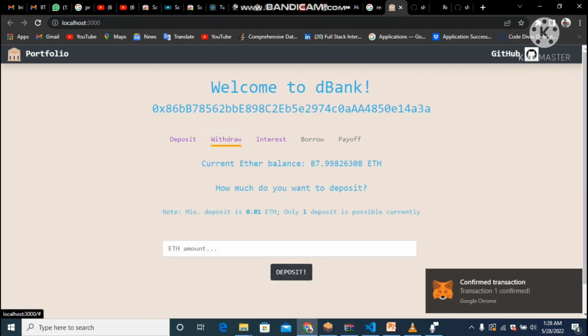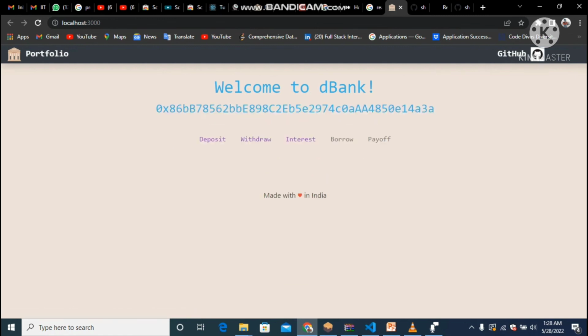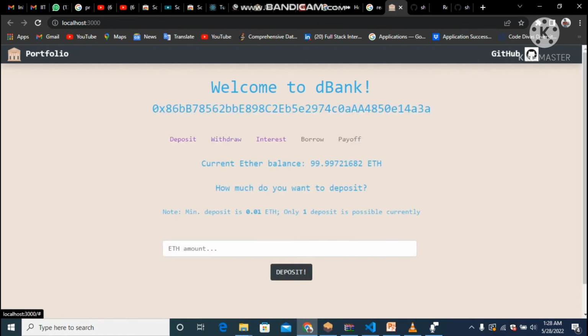You can see the ethers we have right now. When I reload the site and look, we get our ethers back, but we don't get our full ethers back because some of the amount is given as gas money.